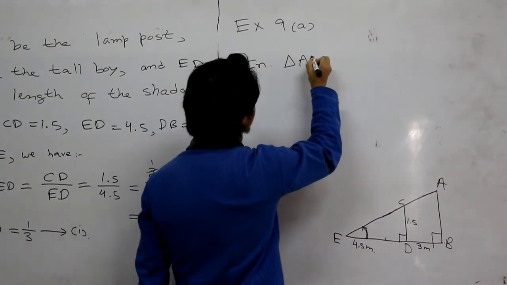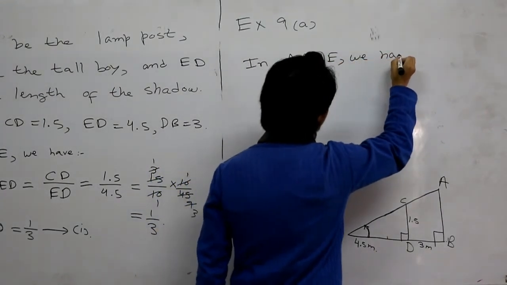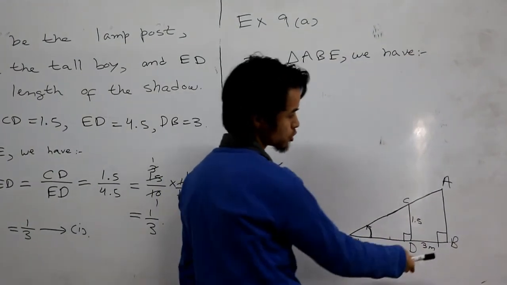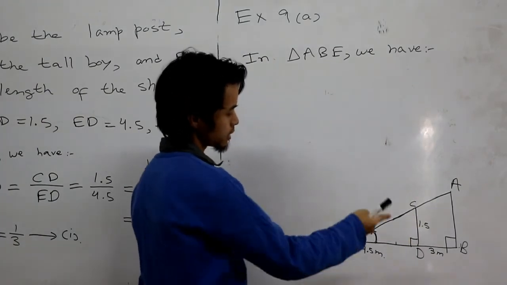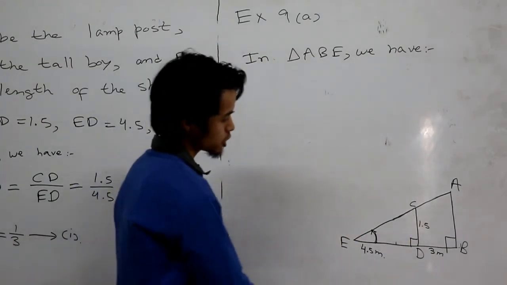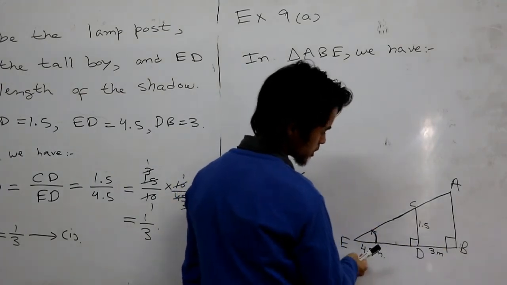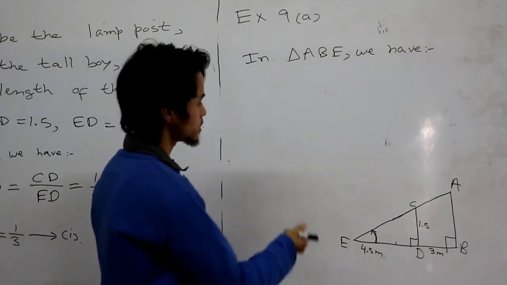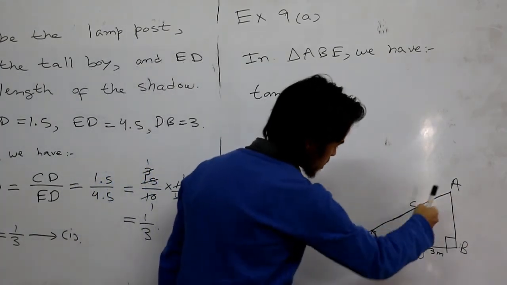So in triangle ABE, because we want to find the height of the lamppost, which is AB, we'll use again tan of angle AEB, because the base is given. We clearly see that EB is nothing but ED plus DB, and so we already have that information, so we can use that.